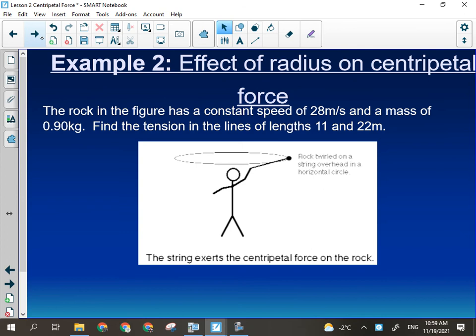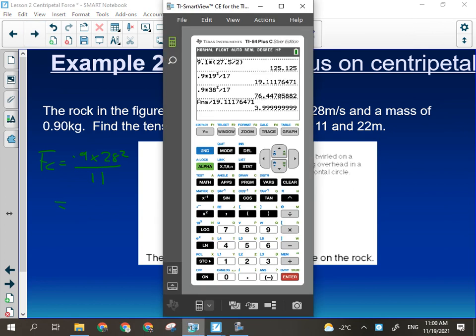All right, so the effect of radius on centripetal force: we've got a rock on a string, 28 meters per second at radii of 11 and 22. Obviously at the 22 meter radius, we should have half as much centripetal force, according to that formula. So Fc equals 0.9 kilograms times 28 squared divided by 11. We're getting 64.